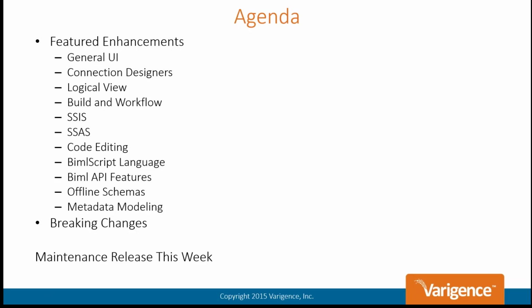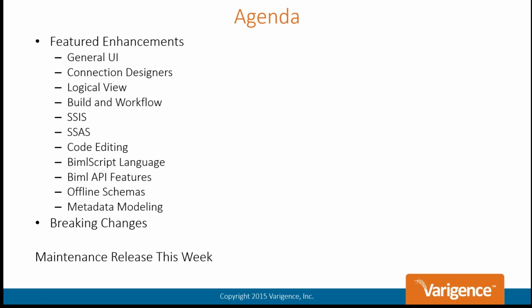So we're going to look at general UI enhancements, the new connection designer feature, which I know a lot of people have been looking forward to, a huge overhaul to the logical view, build and workflow enhancements, improvements to both SSIS and SSAS in terms of both language features and some of our emission capabilities, and then a lot of improvements to code.